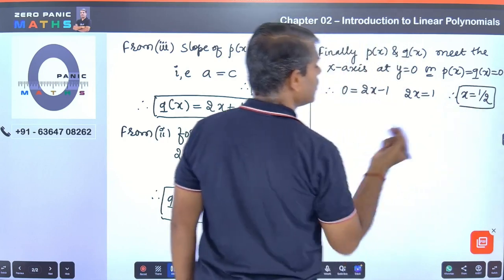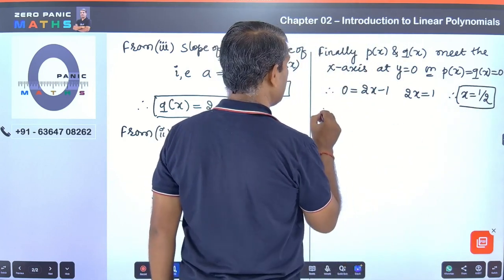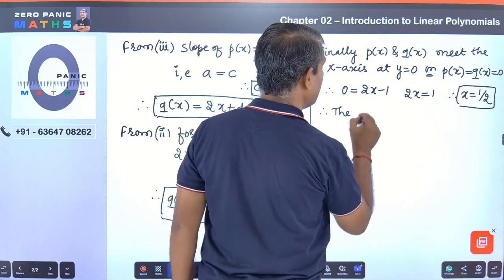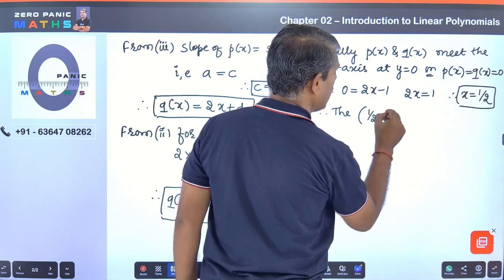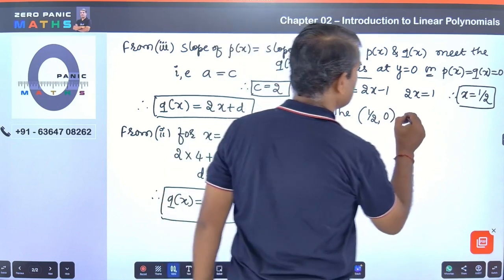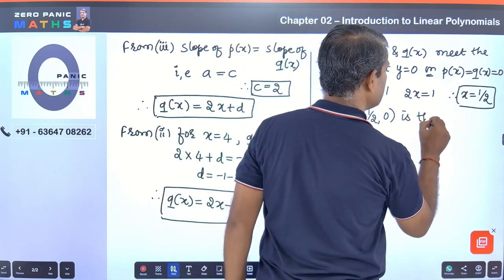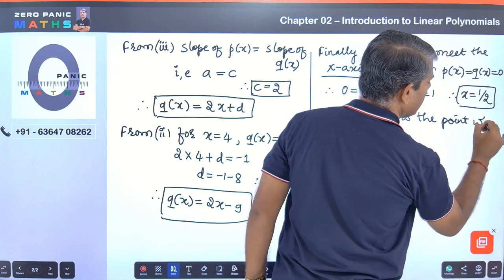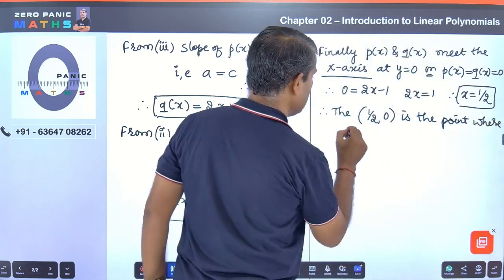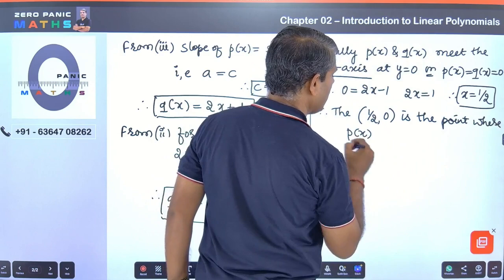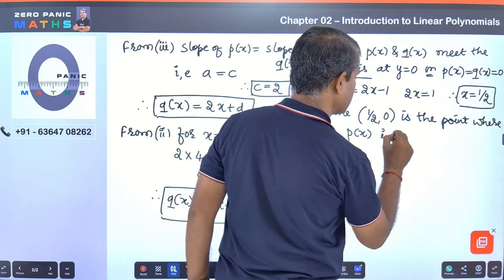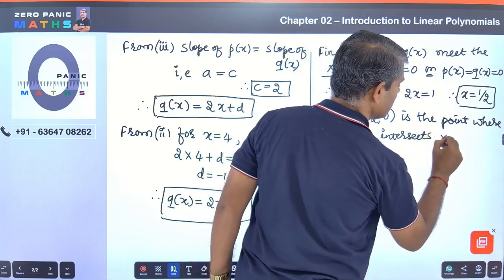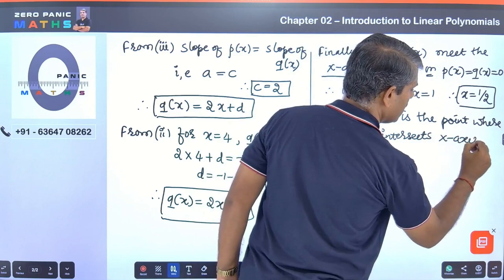So x is equal to half and y is equal to 0 is the coordinate point where p of x intersects the x-axis, or cuts the x-axis. Understood this?